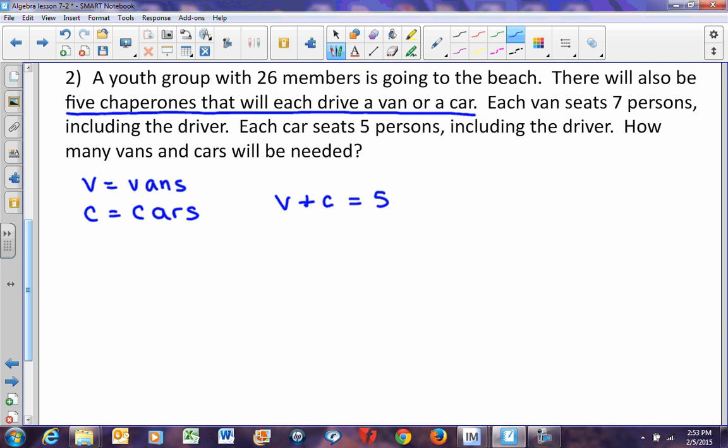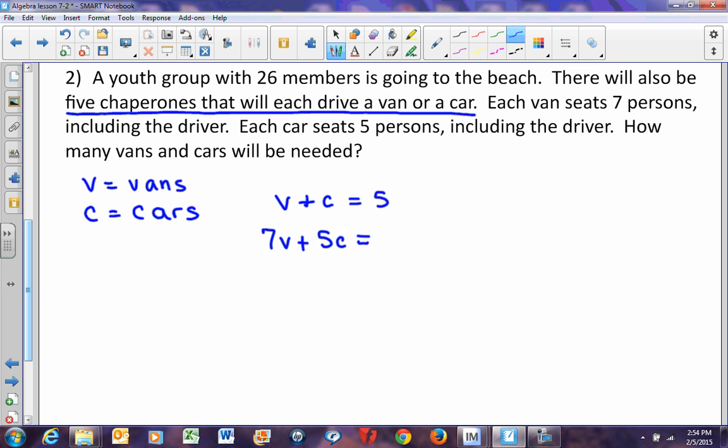The second equation is going to be based upon how many people each one of these vehicles can seat. A van can seat 7 persons, including the driver, and a car can seat 5 persons, including the driver, which means 7 people total in the van with the driver and 5 people total in the car with the driver. So 7 people per van plus 5 people per car, and I have a total of 26 members plus 5 chaperones.